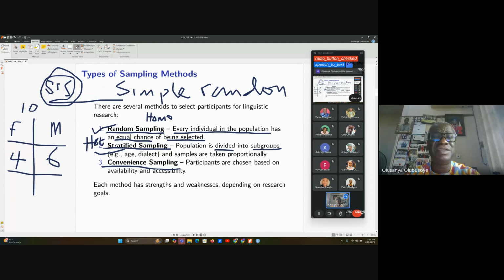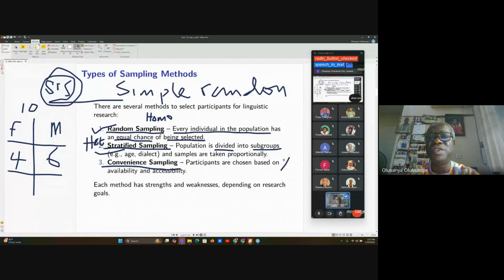That's the most convenient sampling. They can be chosen based on ability, participation, accessibility. If you choose only your church members or mosque members or your community members, that's because they are accessible to you. That kind of sampling is based on availability and accessibility, so we call it convenience sampling.